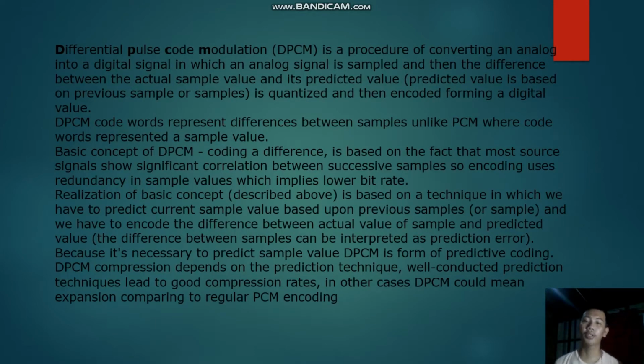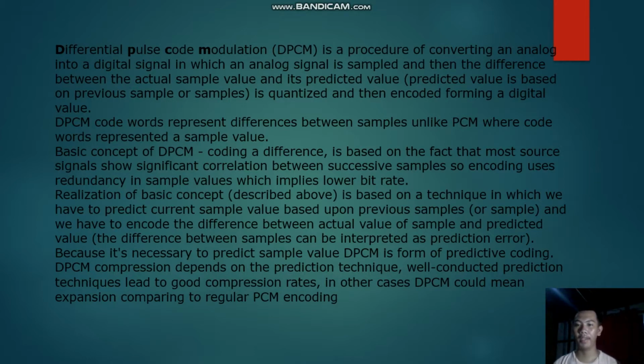DPCM is a procedure of converting an analog into a digital signal in which an analog signal is sampled and then the difference between the actual sample value and its predicted value, which is based on previous sample or samples, is quantized and then encoded, forming a digital value. DPCM code words represent differences between samples, unlike PCM where code words represented a sample value.